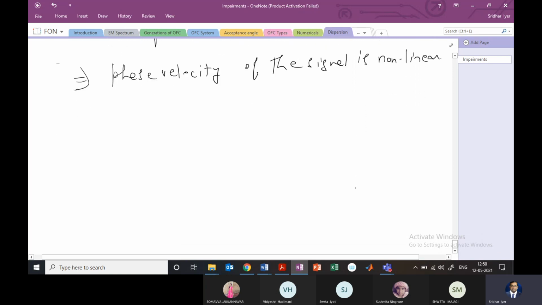So a quick derivation of this material dispersion. We'll start with the first point. So let me make a bullet point. The first is, consider the group delay tau g. Consider the group delay tau g.